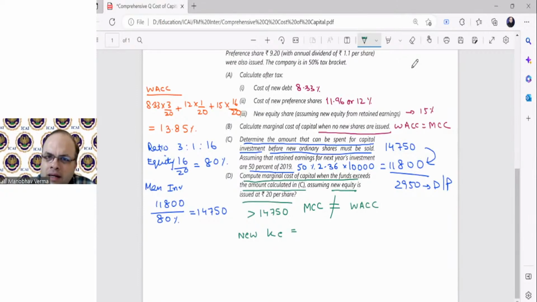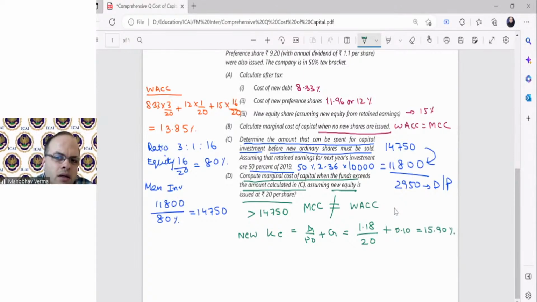Amazing, guys. So can anyone tell me the new cost of equity here? I think not much will change. Probably we have D1 upon P0 plus g, which is 1.18 over P0 plus g. So 1.18 doesn't change. 20 will be the change here. And plus the growth rate is 10%, right? If I'm not wrong. It seems to be 15.90.